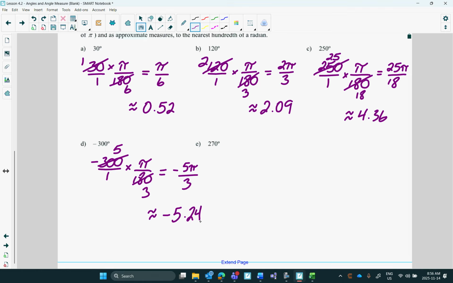And finally, 270. Remember, if you don't find the highest, it's okay to reduce more than once. 10? Okay, let's try 10. 9.